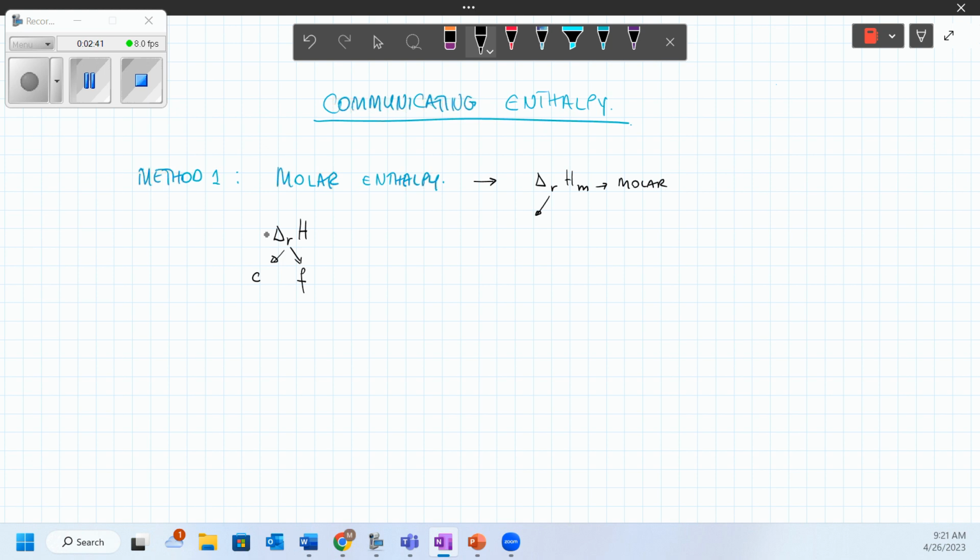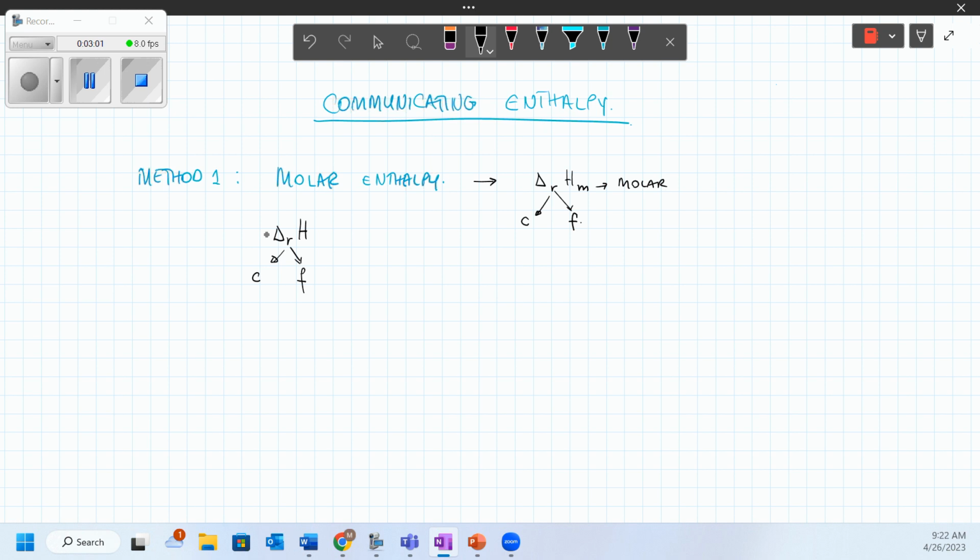And the reaction again can be combustion or formation. If it is combustion, then we say C. If it is formation, then we say F. But both of them, in a common name, are with the letter R.